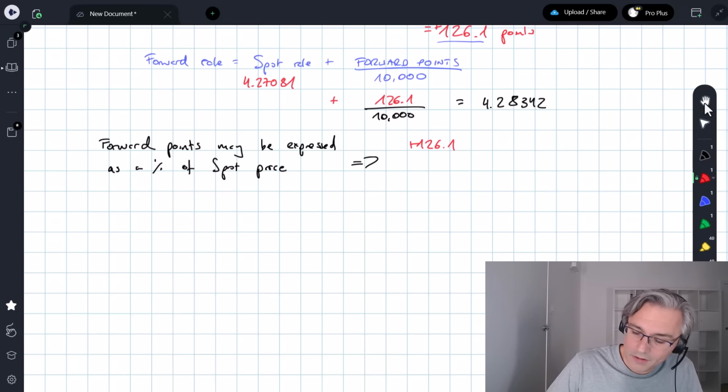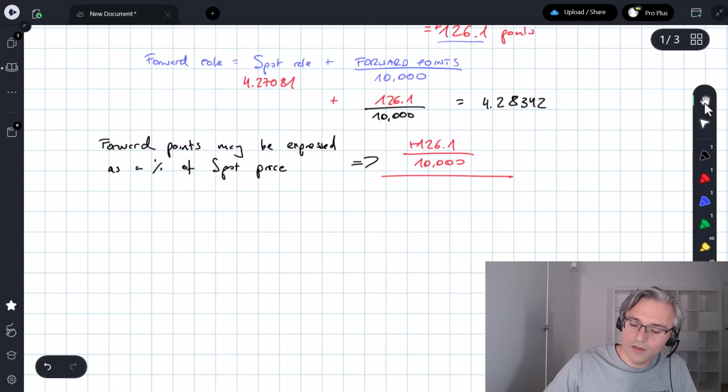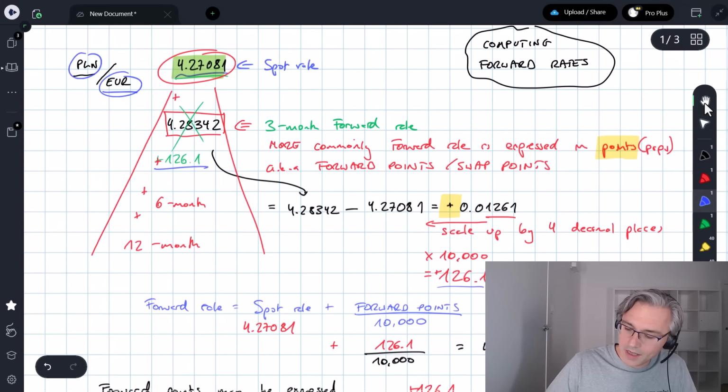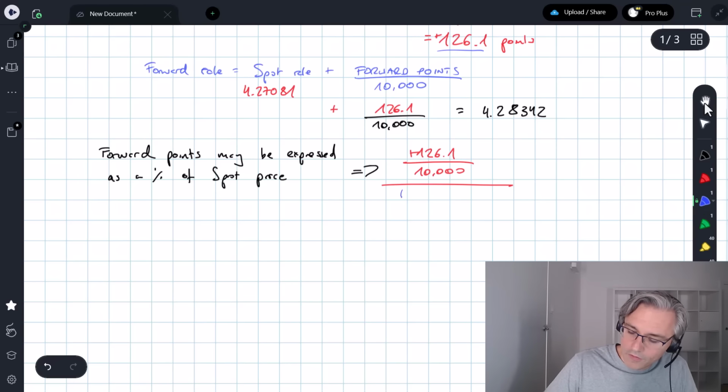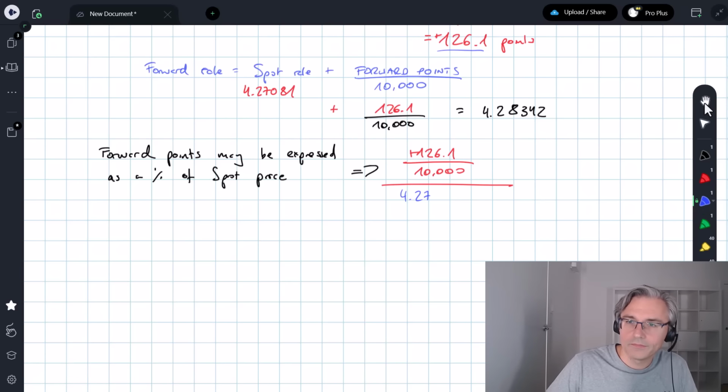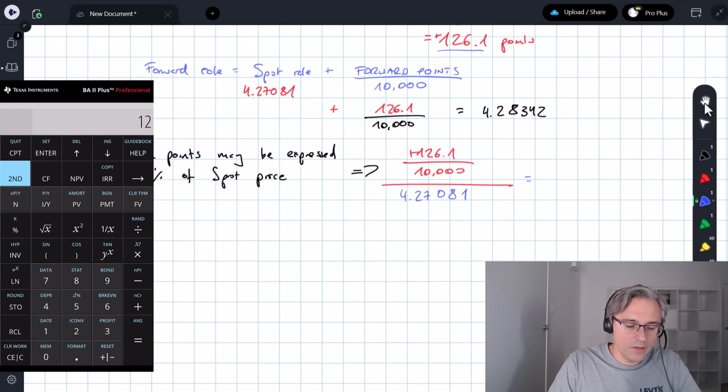In that case, you'd have to scale them down by 10,000 and then relate the result to the current spot price, and that spot price was 4.27081. Now this is going to give some silly small number, but 126.1 divided by 10,000.